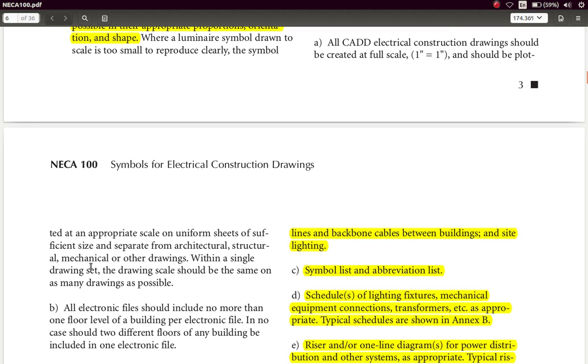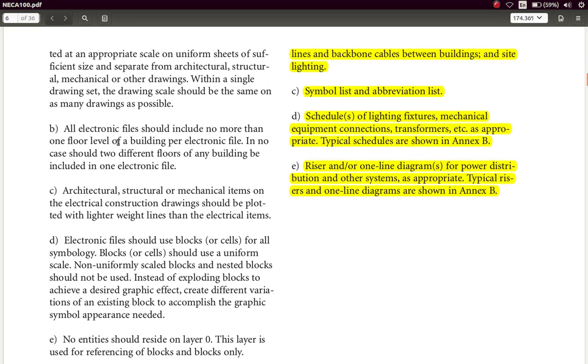Within a single drawing set, the drawing scale should be the same on as many drawings as possible. All electronic files should include no more than one floor level of a building per electronic file. In no case should two different floors of any building be included in one electronic file.